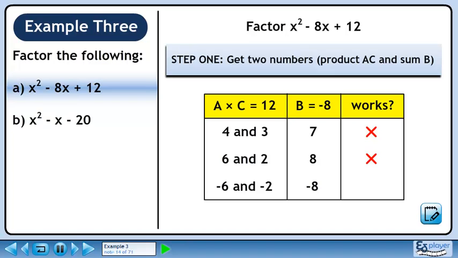The sum is minus 8. These numbers work since they have a product of 12 and a sum of minus 8. Let's store these numbers in a sentence so we can retrieve them later.